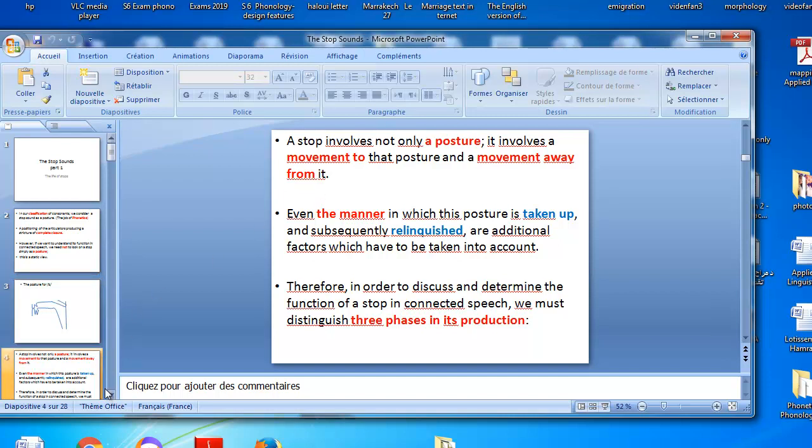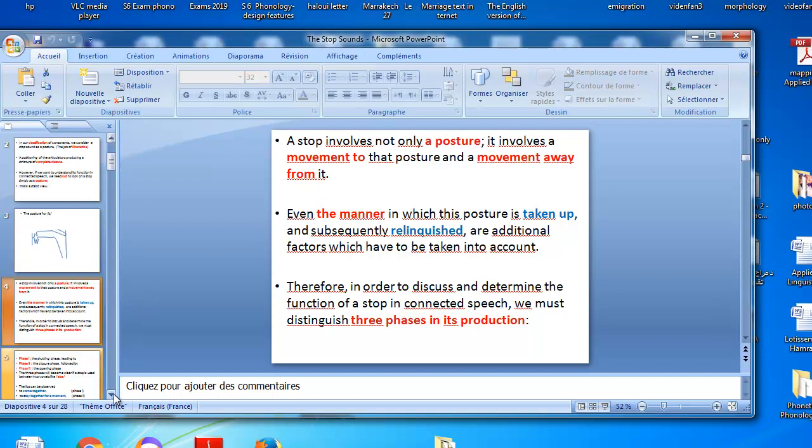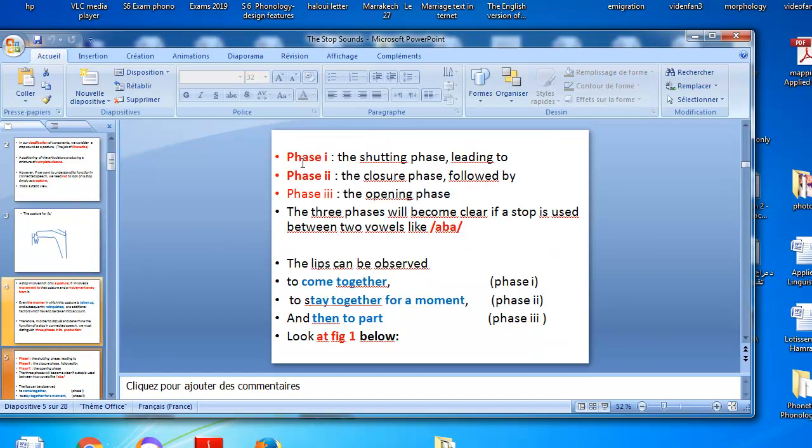This is what we are going to explain through these phases. We have got phase 1, the shutting phase, leading to phase 2, the closure phase, followed by phase 3, the opening phase. Okay, now it's going to be clearly felt when we produce Aba, the sequence of sounds.